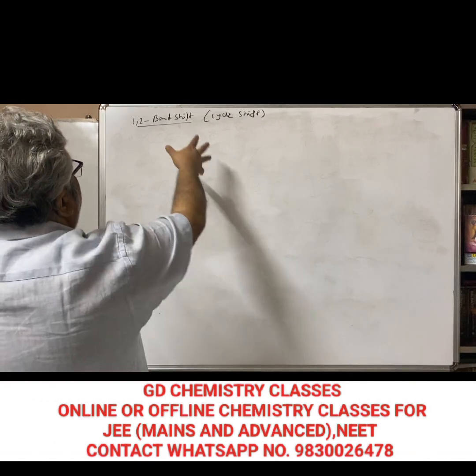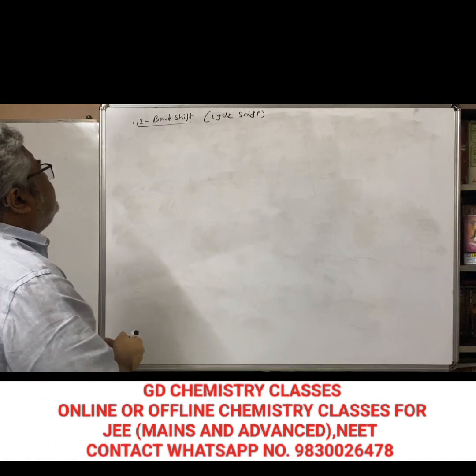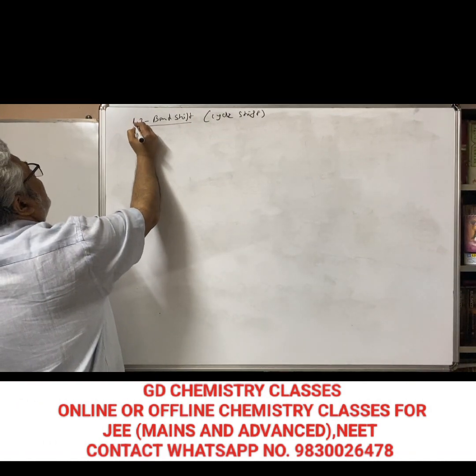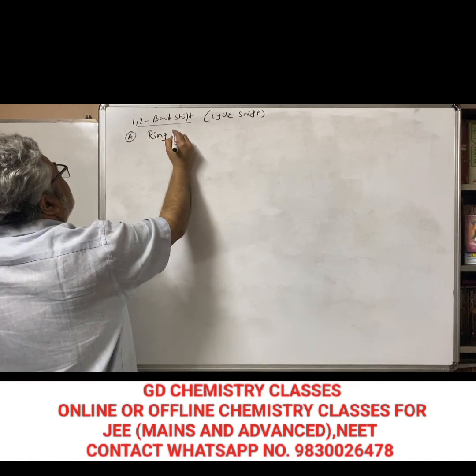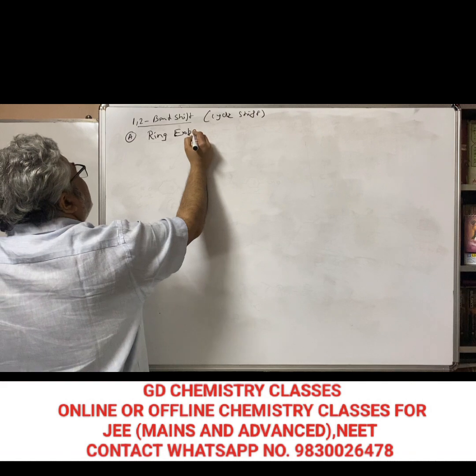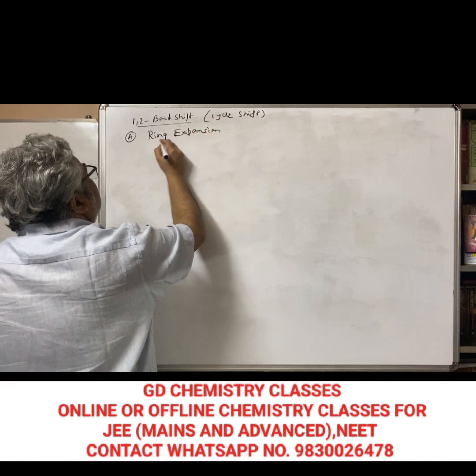Anyway, let's come back to our original discussion, which is the 1-2 bond shift. These are again of 2 types. One is ring expansion. A very common type of question: ring expansion, ring contraction.